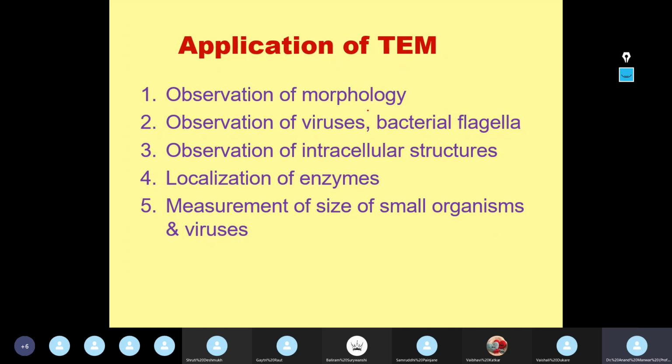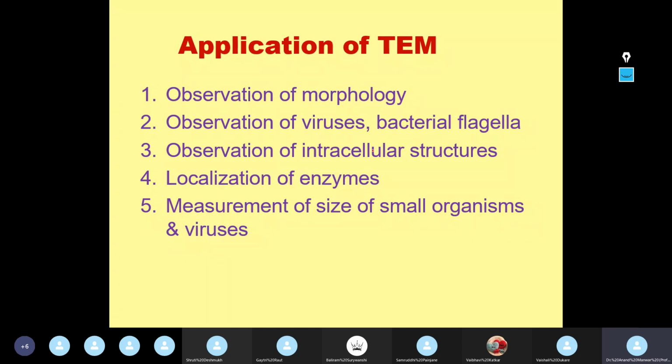So it can be used for observation of morphology. It can be used for studying viruses and particularly bacterial flagella. We can see bacteria under stain preparation in light microscope, but flagella cannot be seen properly, because flagella is a very thin and delicate organ associated with bacteria, particularly motile bacteria.